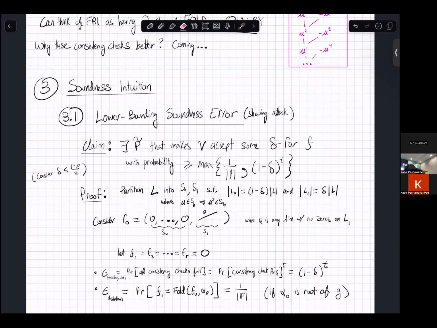And Q must satisfy the fact that it is not 0 anywhere in S1. Why do we care about that? We're trying to say that this thing is delta far away from a code word, right? So the closest code word here, because we're in the unique decoding radius, is going to be the zeros code word. And then all these guys have to be not 0 for me to say that this is delta far away.